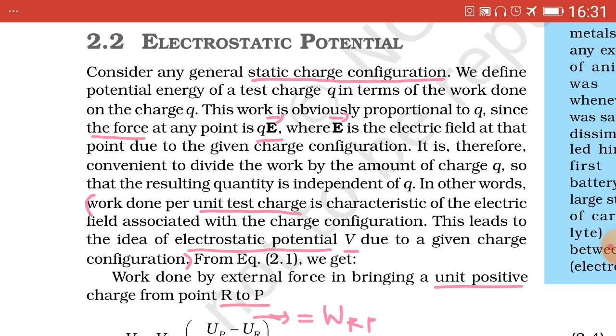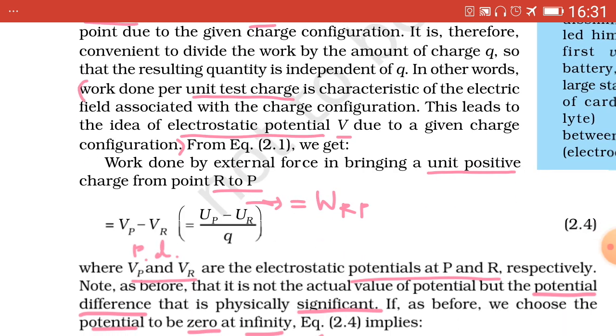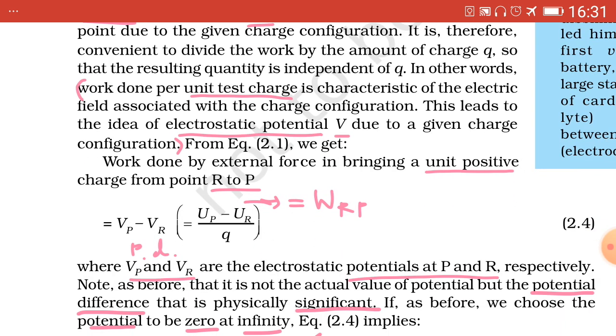Now we find the work done by the external force in bringing a unit positive charge from point R to P, which has been underlined, as we have seen in the previous topic.